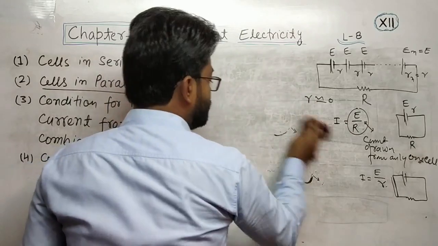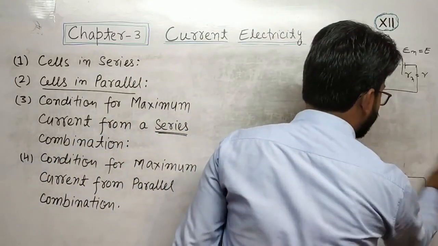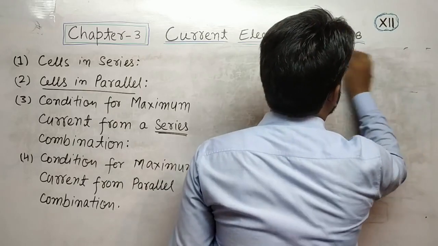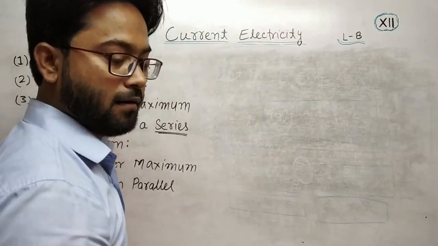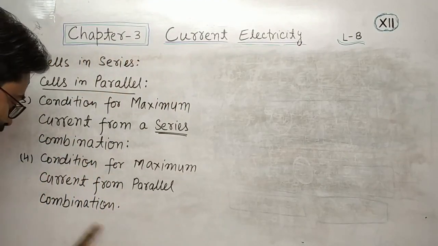What is the condition for maximum current when the cells are in parallel?